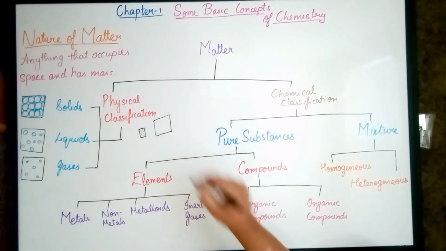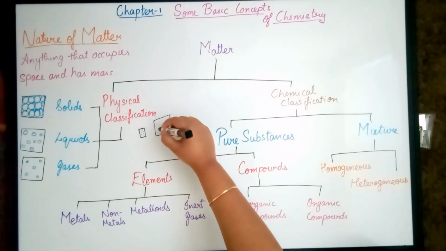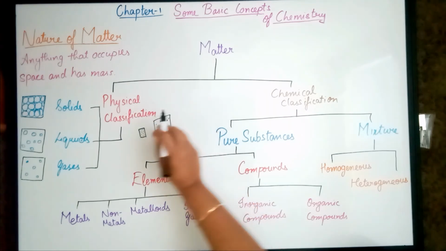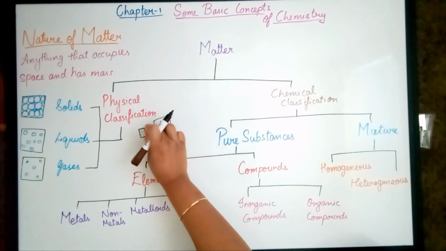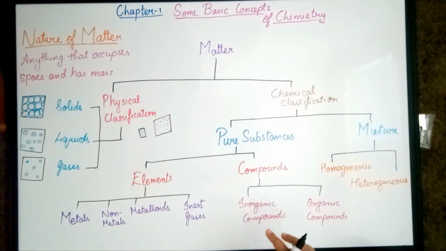The definition of volume is the amount of space which is getting occupied by matter, and since gases don't have a definite shape, they will spread inside the box, which means the volume changed from a lesser one to a higher one. This is why we say that gases do not have a definite volume. So this is about the physical classification.